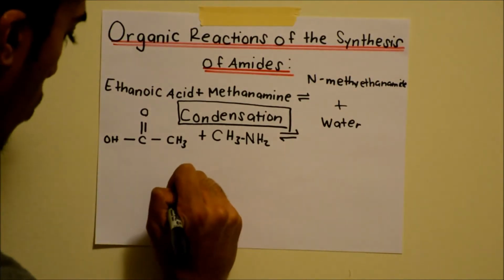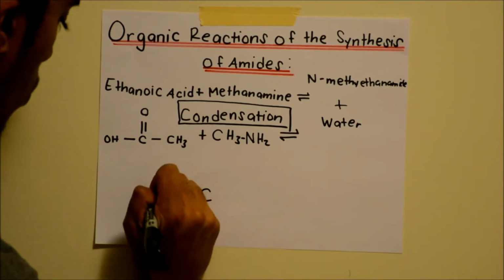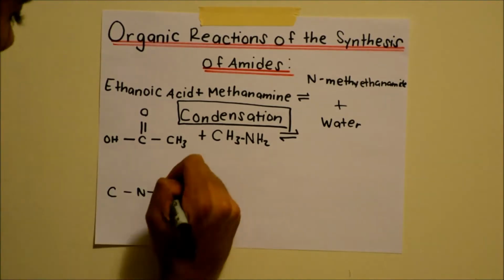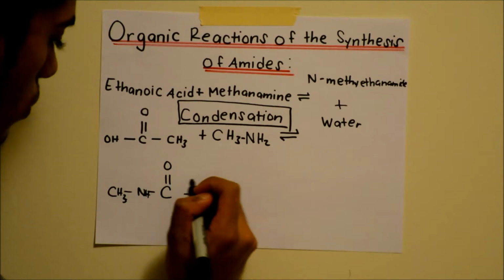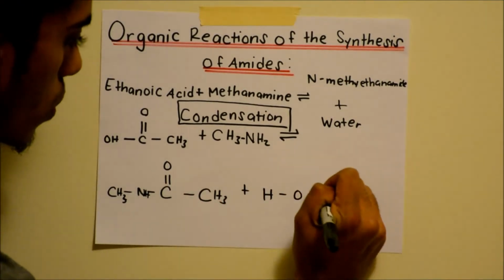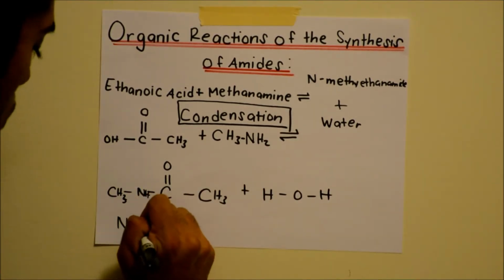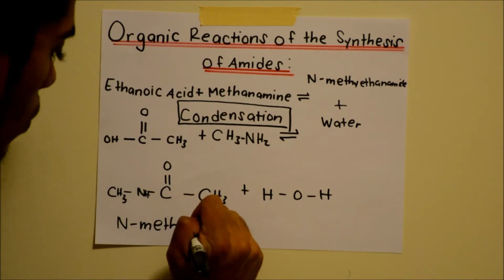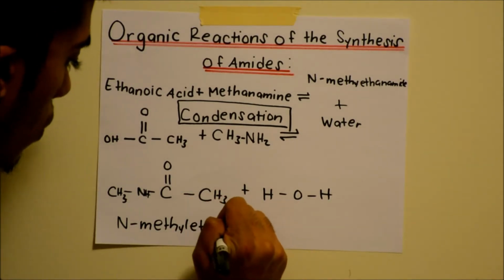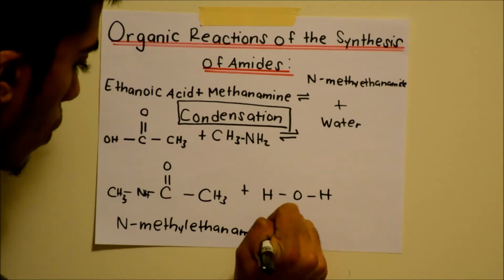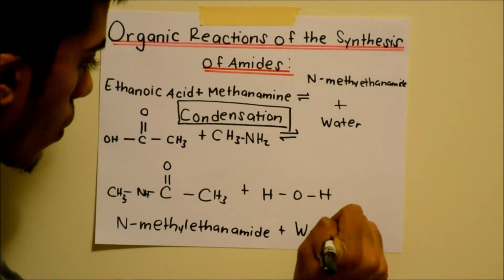Now we will be drawing out these products using structural diagrams. To repeat, our products are N-methyl ethanamide and water for this condensation reaction of ethanoic acid and methanamine.